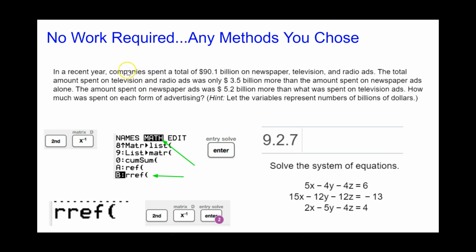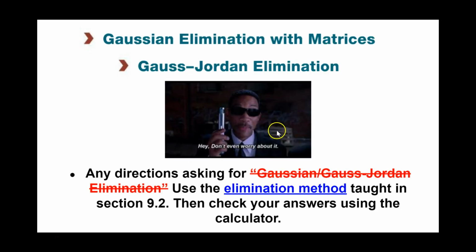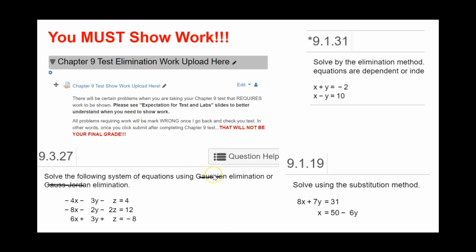Now, on the test, if you see a word problem, obviously the directions do not specify substitution or elimination. So once you set the problem up in MyMathWise Plus or the test, or in a problem that says solve these system of equations, both of these directions do not specifically say use any one of these methods.